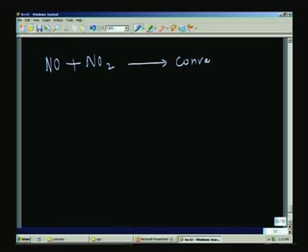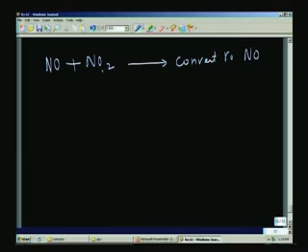So, if I have a mixture of nitric oxide and nitrogen dioxide, what I can do is convert this all to NO. That means that NO is already there.